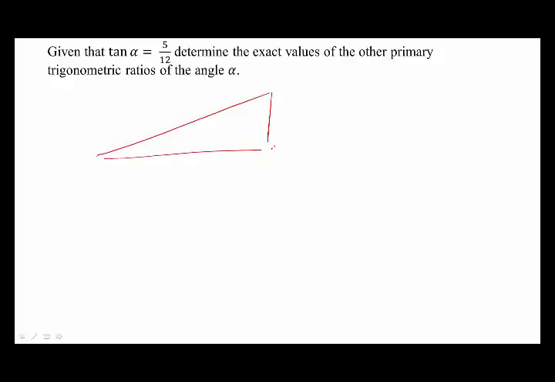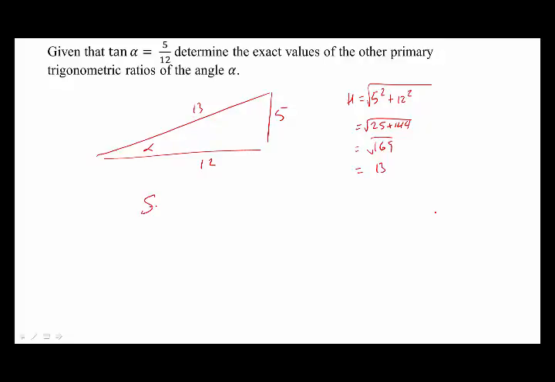So, 5 and 12, right, opposite over adjacent. What's my hypotenuse? All right, which is 25 plus 144, which is 169, which is 13.